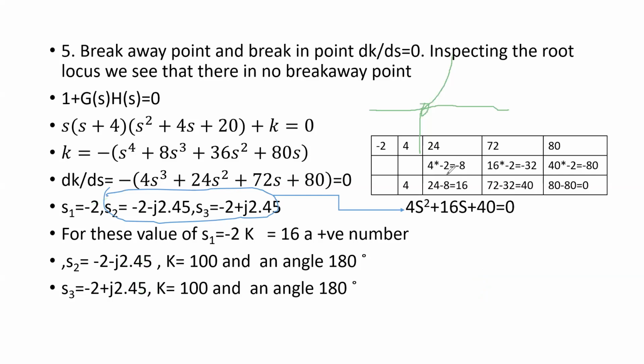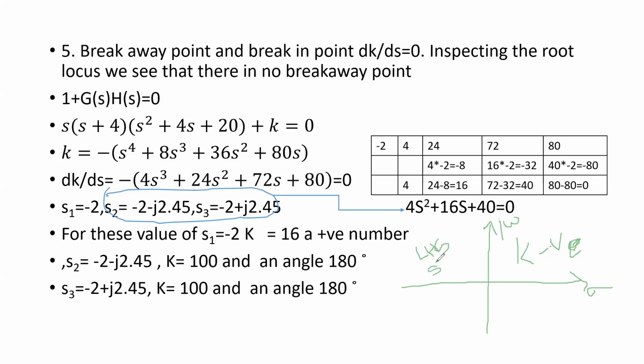Suppose I have my imaginary axis and the real axis. This is the j omega axis. Then, on this side, the k value will be negative, which means the system is not stable. Whereas on the left hand side of the S plane, the system is stable.